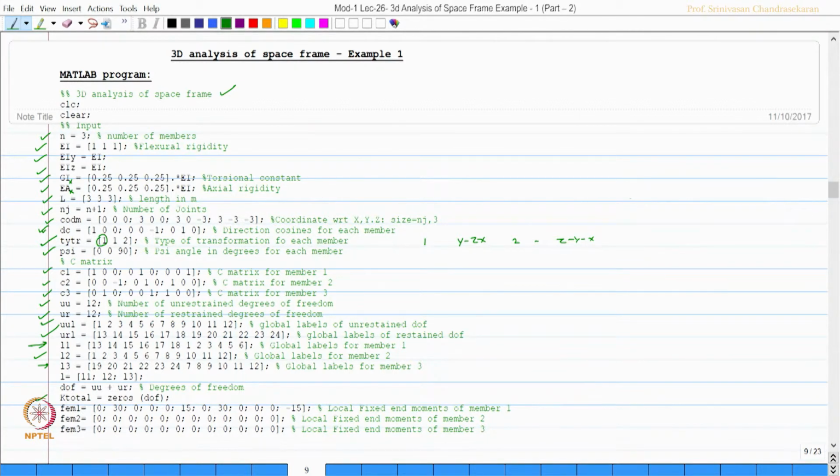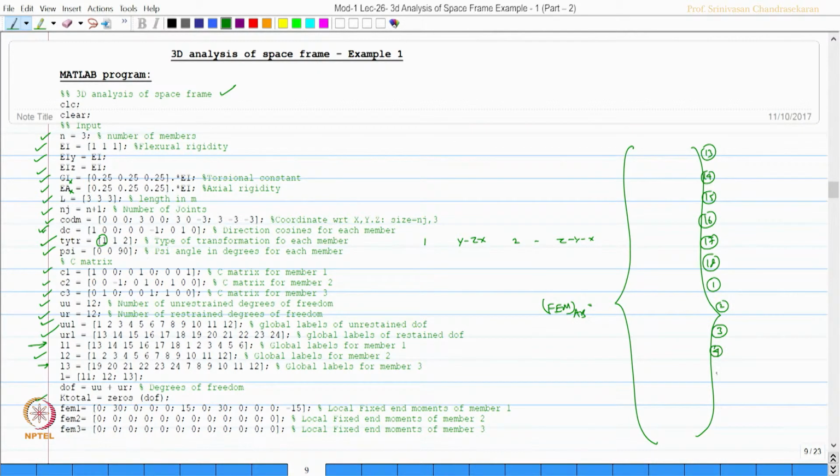So, I can write down here the fixed end moments of the member AB on labels 13, 14, 15, 16, 17, 18, then 1, 2, 3, 4, 5, 6.